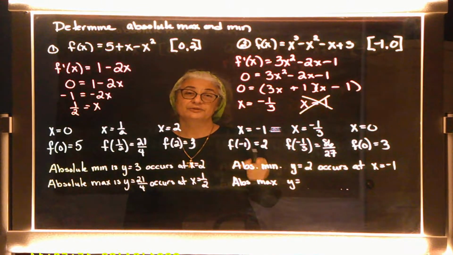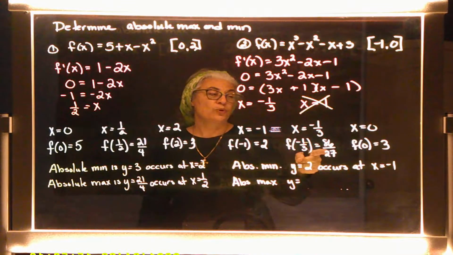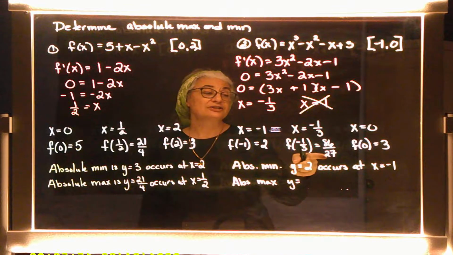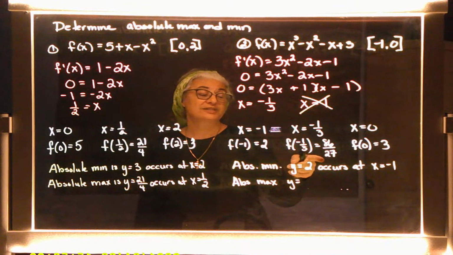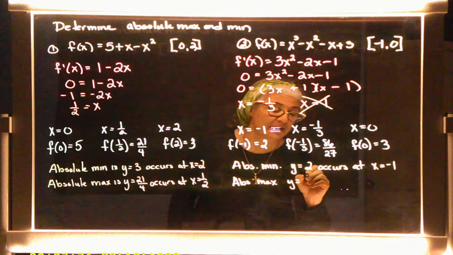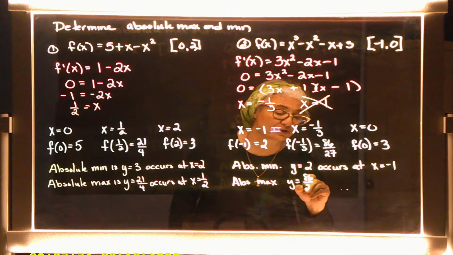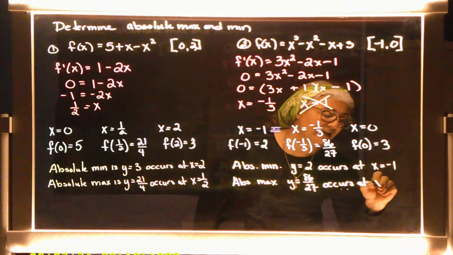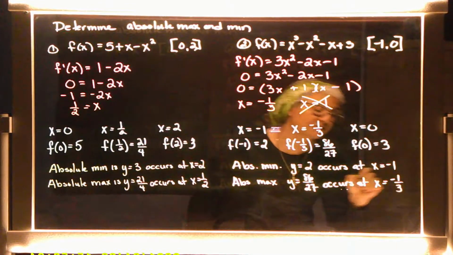So what about that absolute max? Yeah, 86 over 27. Okay, get your calculators out. Yeah, that's a little over 3, isn't it? So since this is a little over 3, that means that the absolute max is the 86 over 27, and it occurs at x equaling -1/3.